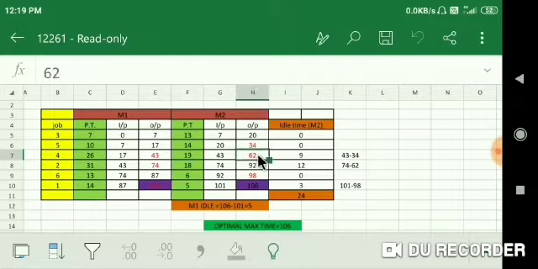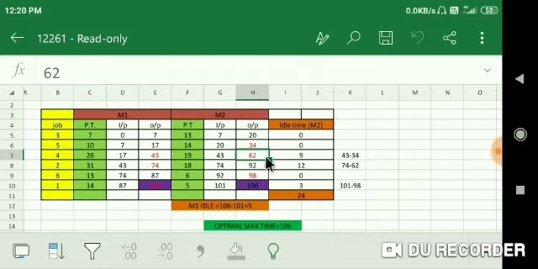Again we have to check. We are getting output at 62, meaning the machine has done its work in 62 minutes, but we get raw material from machine M1 after 74 minutes. So what's happening here? We have 12 minutes idle for machine 2.